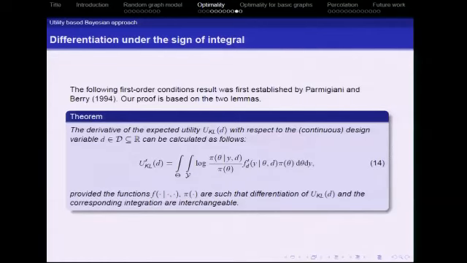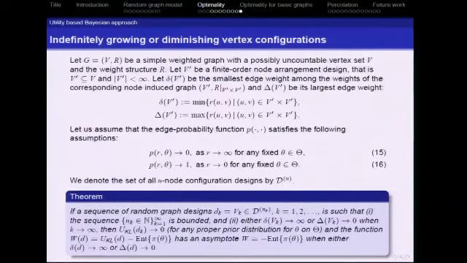So two lemmas are used in order to give an alternative, essentially almost the same, proof of this theorem. Now this theorem has to do with graphs. We've chosen the measure, the expected Kullback-Leibler divergence, and assume that our node configurations are such that all the distances diminish or grow indefinitely, uniformly.